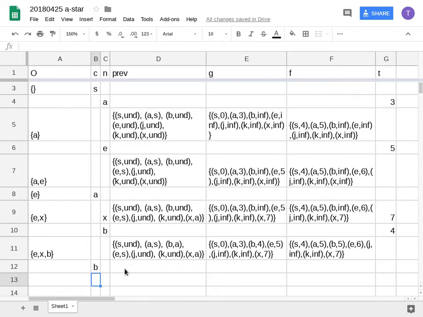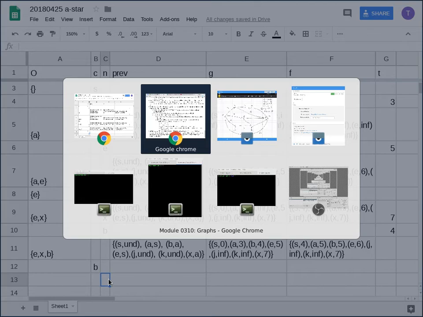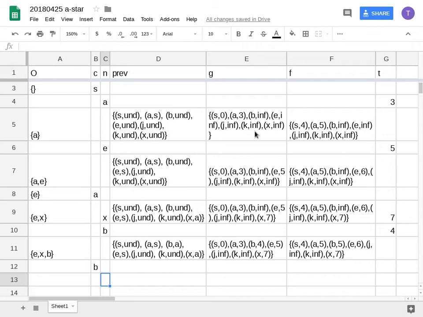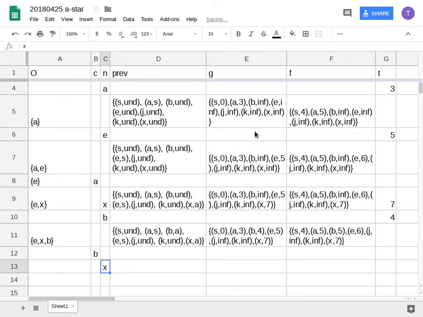Okay? So we pick B, and then we have to look at every single outgoing neighbor of B in this case. That's pretty easy. B only has one outgoing neighbor, and that turns out to be X. Okay, cool. So X is the only outgoing neighbor of B. Then we have to compute the value t, which is based on g of b plus the distance of the edge bx.